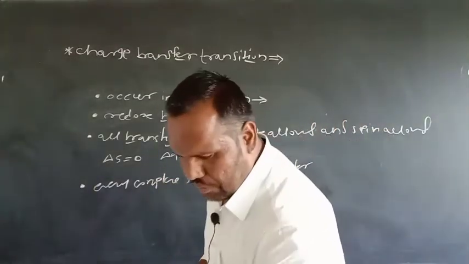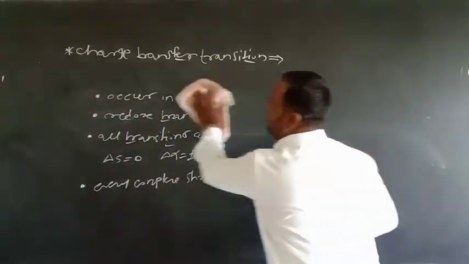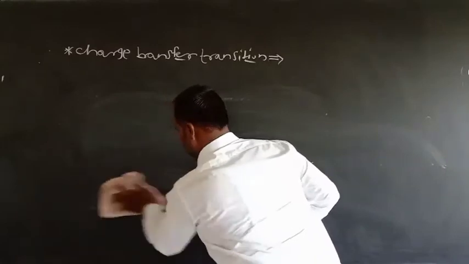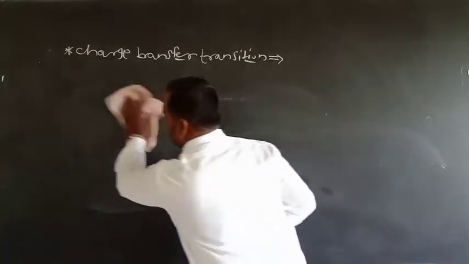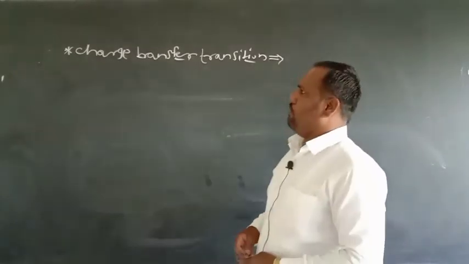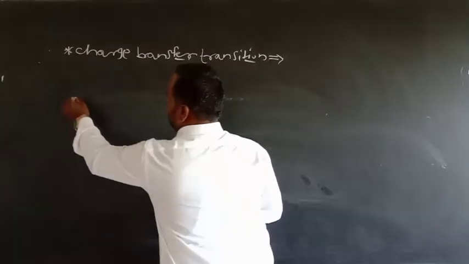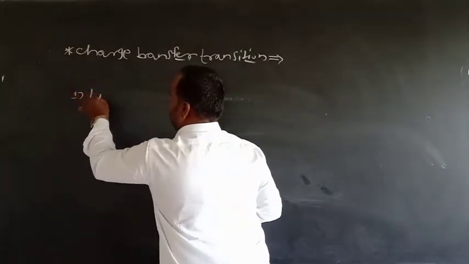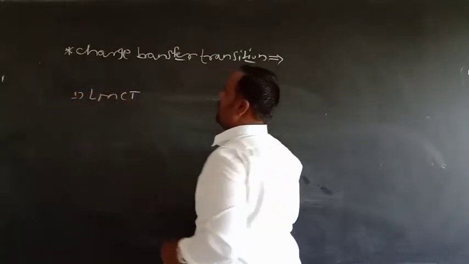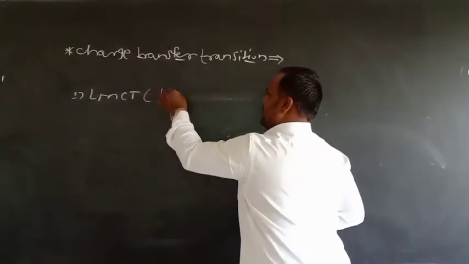Now we will discuss the different types of charge transfer transition. In total there are 4 types. The first type is LMCT, known as ligand to metal charge transfer transition.